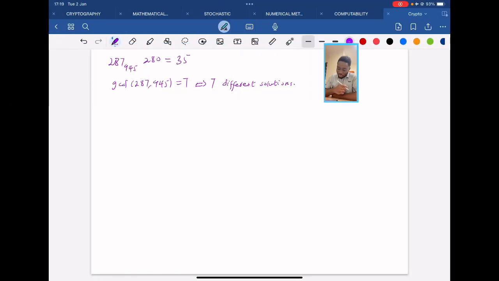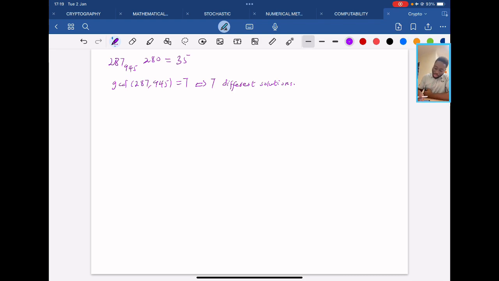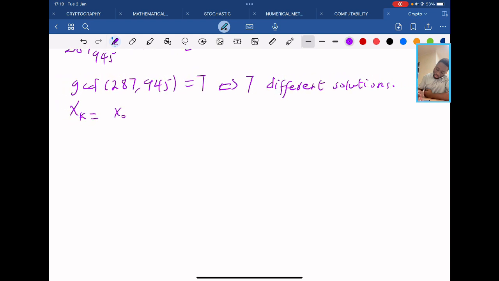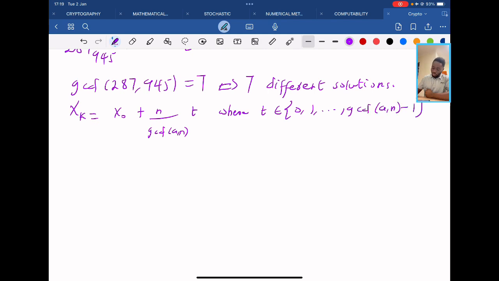Okay, so now that we have 7 different solutions, remember that the last time we got this, s_k is equal to x naught plus n over the GCD of A and N multiplying t, where t belongs to 0, 1, then to the GCD of A and N minus 1.